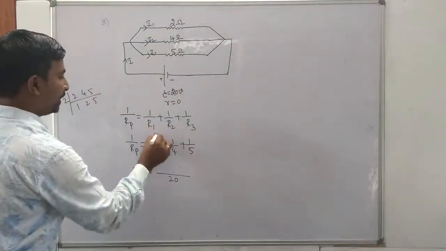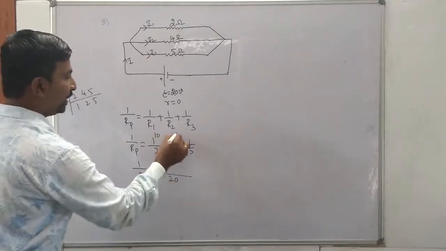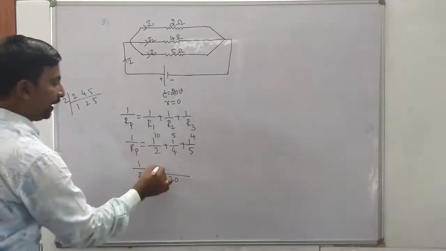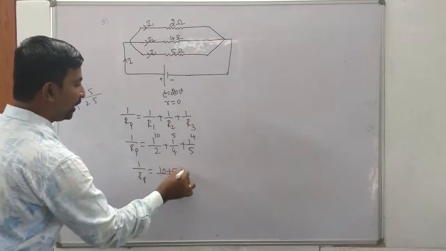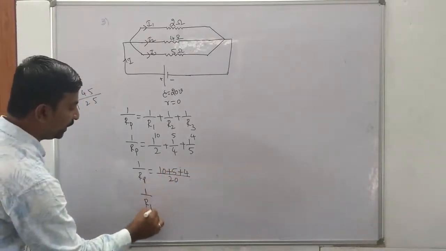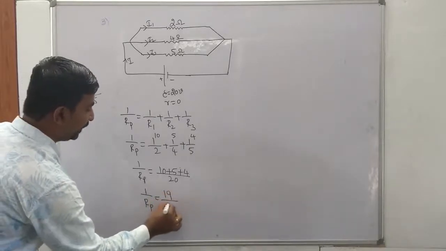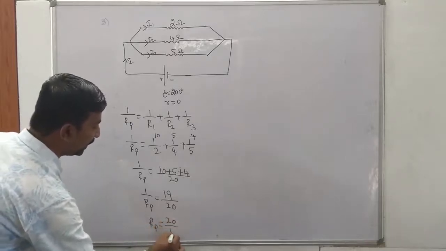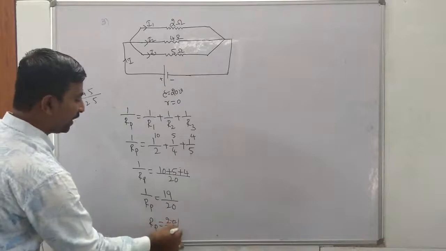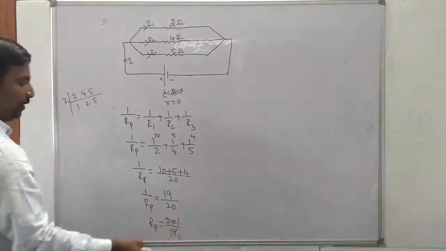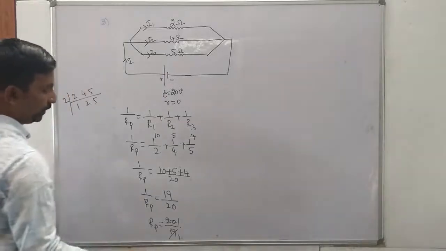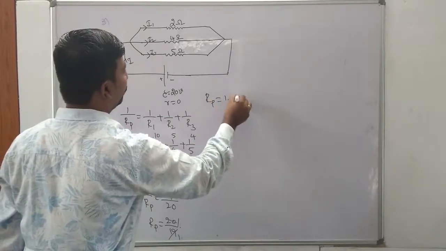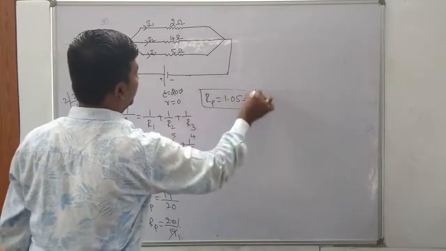So 2 10s are 20, 4 5s are 20, 5 4s are 20, so 10 1s are 10 plus 5 plus 4, so 1 by RP is equal to 19 divided by 20, then RP is equal to 20 by 19, which is 1.05 ohm. So this is the effective resistance.